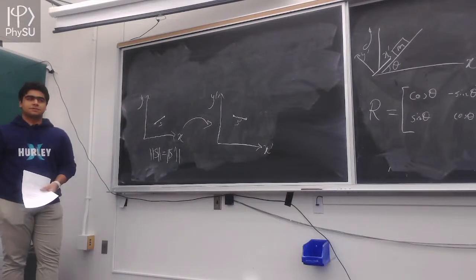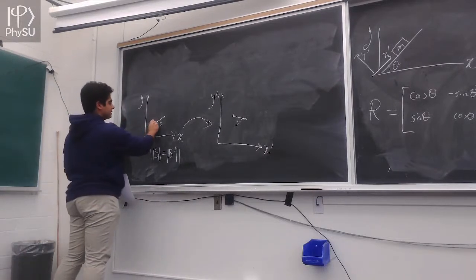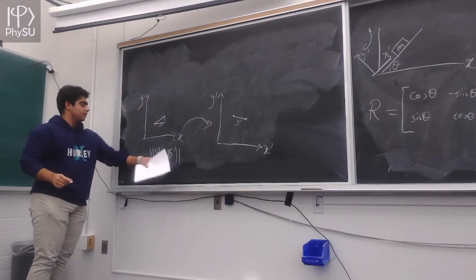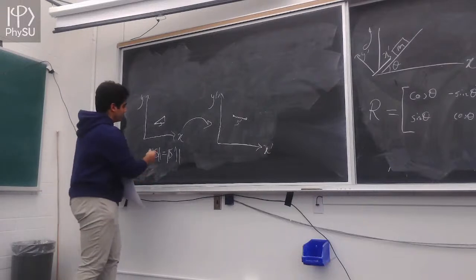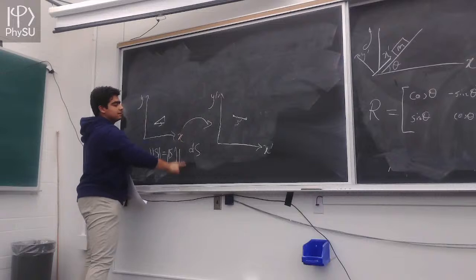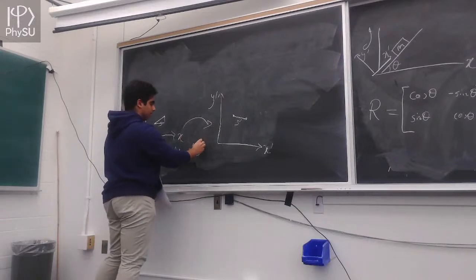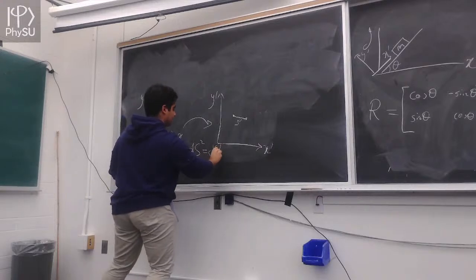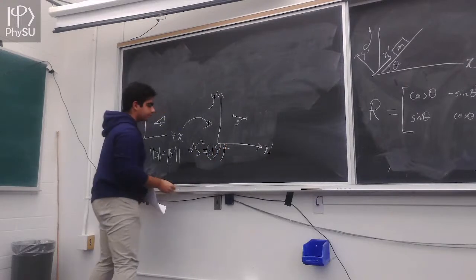Now if we use some trigonometry, so we say this is some dx and this is dy, then this looks like the Pythagorean theorem. So some infinitesimally small distance ds squared equals ds prime squared.